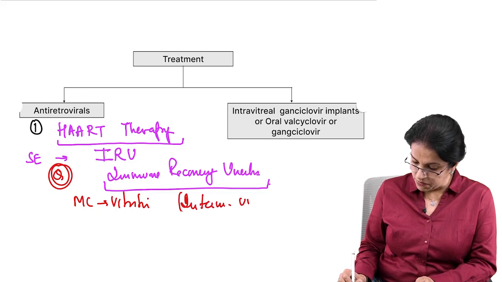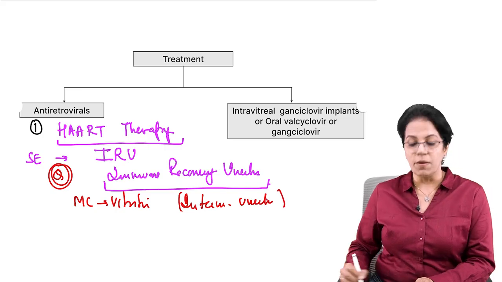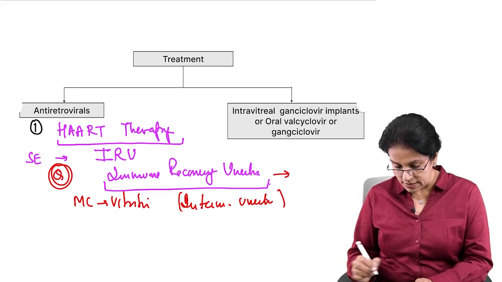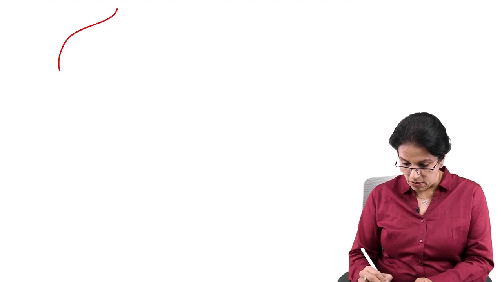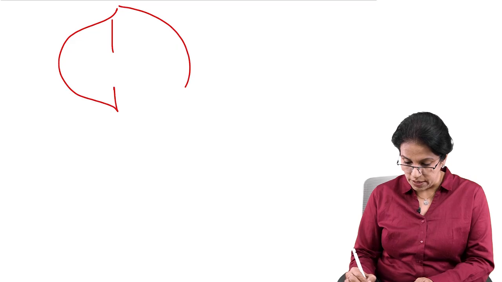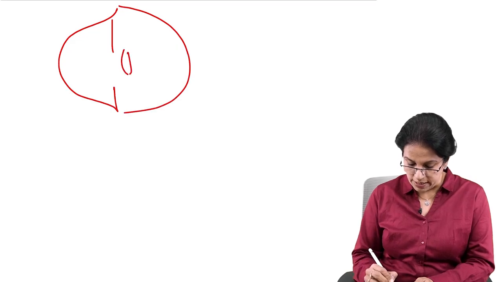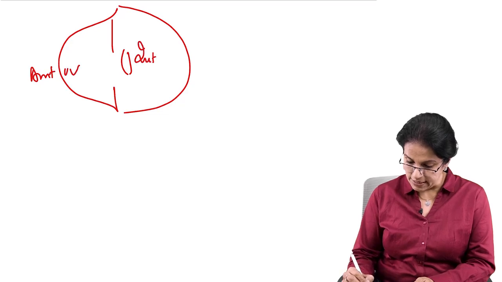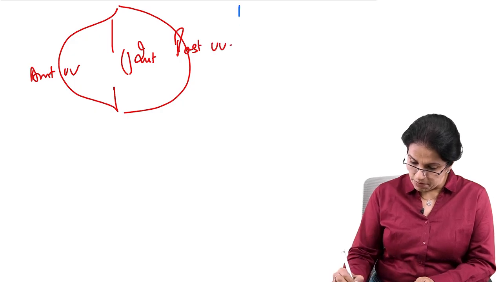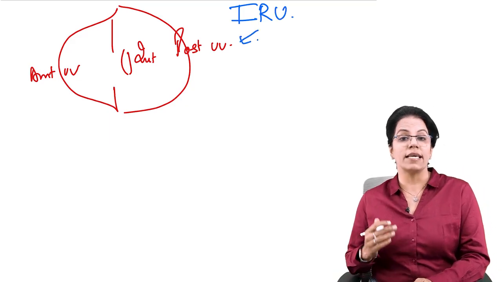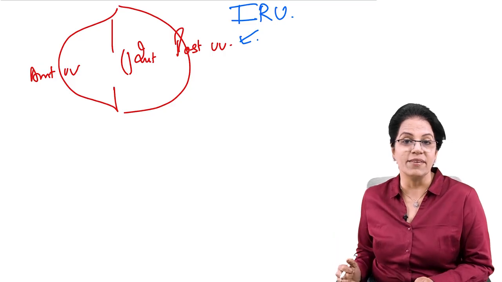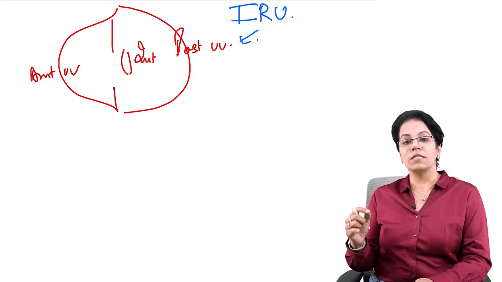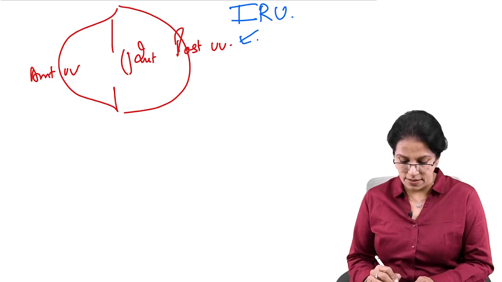But please remember all parts: immune recovery uveitis can lead to anterior, intermediate and posterior uveitis. This is one of your important exam questions.